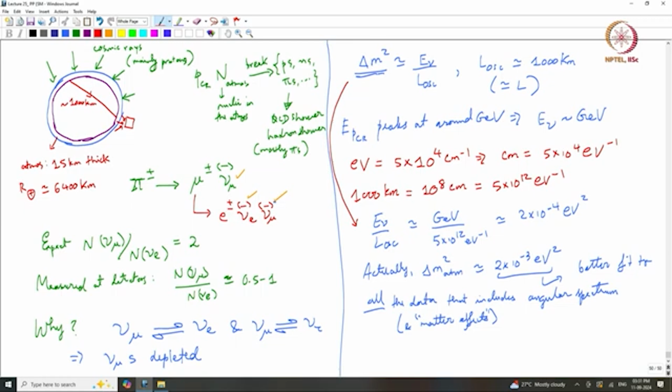Putting all that data into the mix will pinpoint the correct value of delta m squared that you measure from the atmosphere. But our estimate already gives an answer that is good enough. So this shows a real world application of the probability conversion formula.